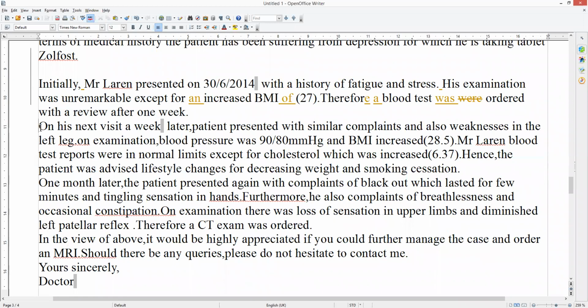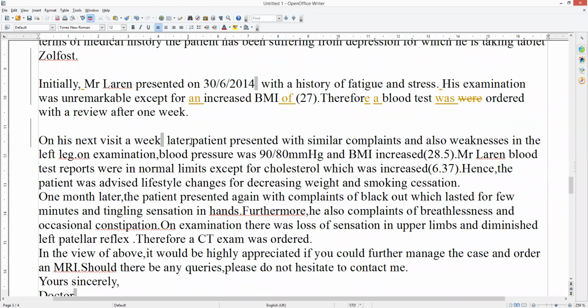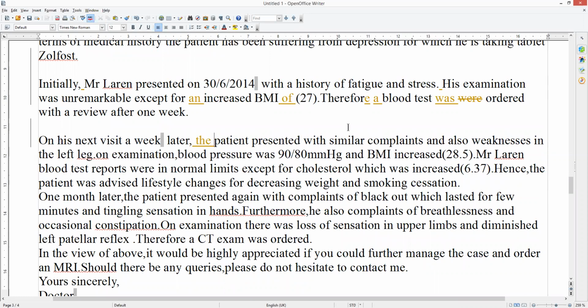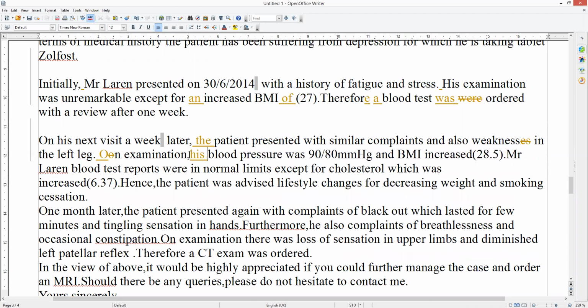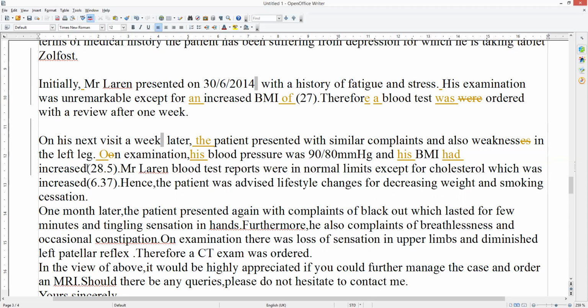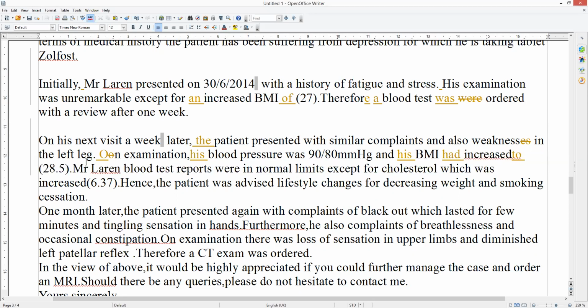"On his next visit a week later, the patient presented with similar complaints and also weaknesses." Why is it plural? "Weakness in the left leg. On examination, his blood pressure was 90/80, and his BMI had increased to 28.5." Again, grammatically complete sentences.